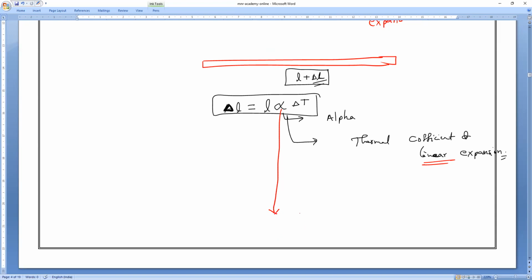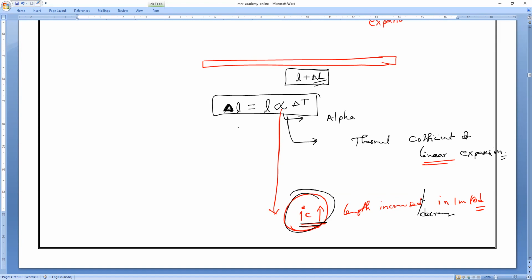For example, if I raise the temperature by 1 degree Celsius, how much does the length of a 1 meter rod increase? For a 1 degree rise in temperature, whether it is an increase or decrease doesn't matter, the length increases or decreases in a 1 meter rod. That is what we call alpha.